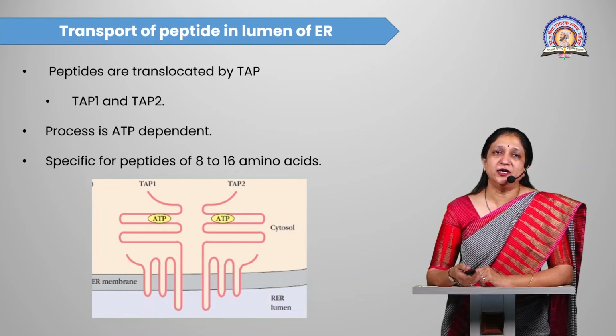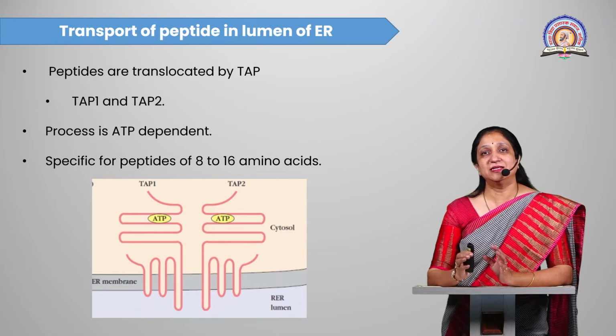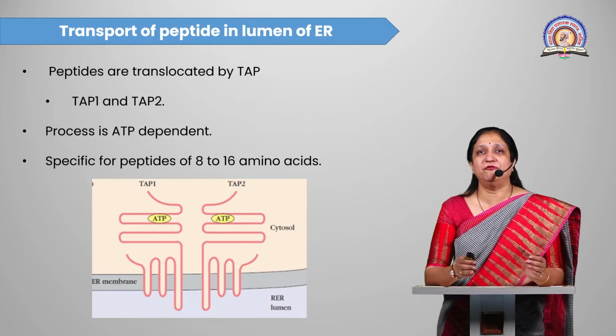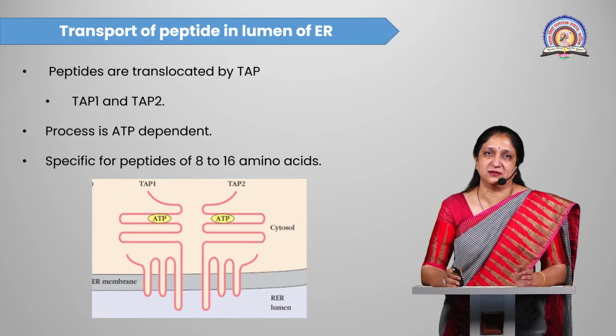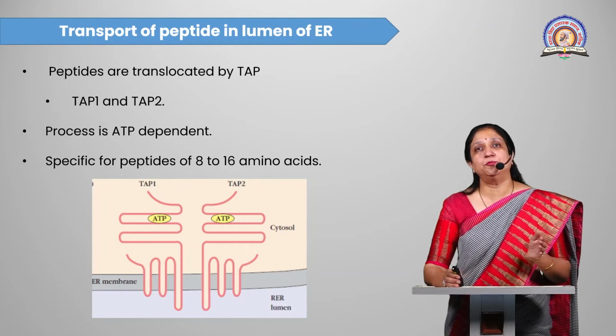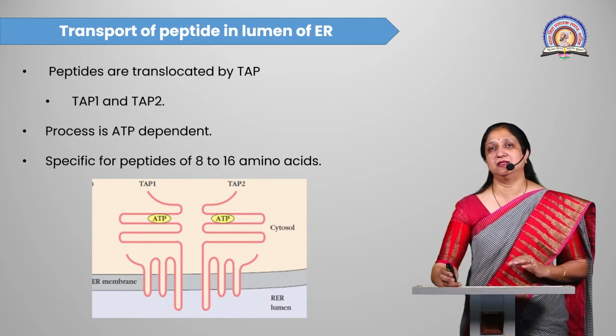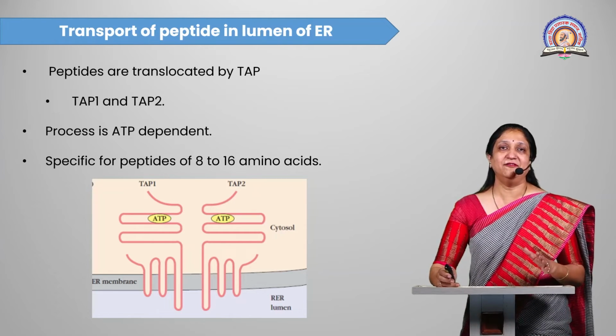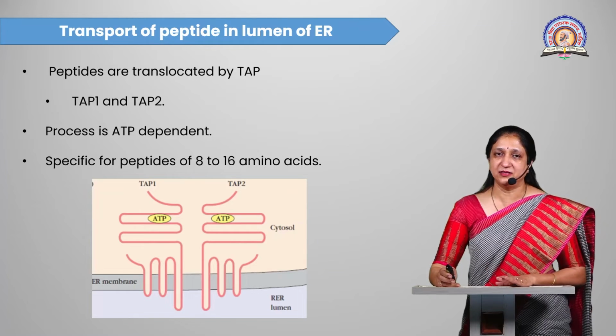Energy is required for the transport of the peptides, and this TAP protein is specific to transport peptides within a range of 8 to 16 amino acids, and therefore the immunoproteasome is modified in such a way that most of the peptides that are generated have 8 to 16 amino acid residues.